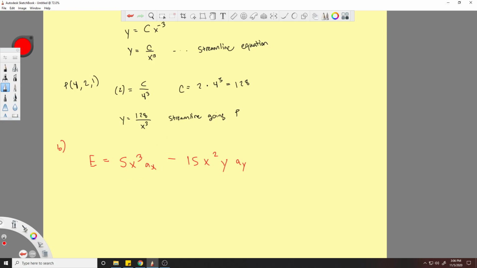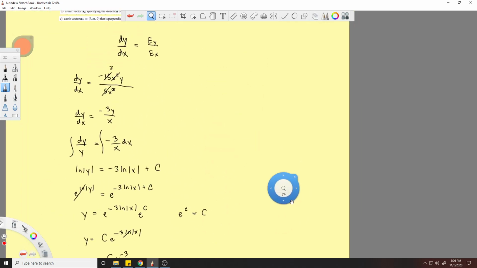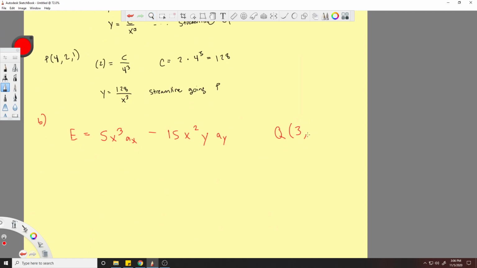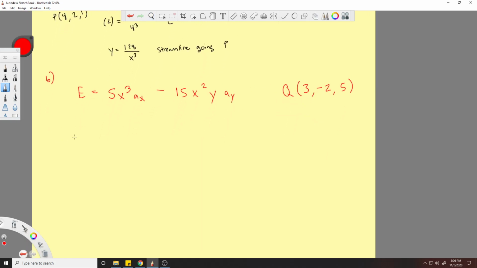So now all we have to do is plug in our points at Q. So Q is, what's Q again? 3, negative 2, 5. Okay, so now we plug in our points Q and we'll get E of Q, right?